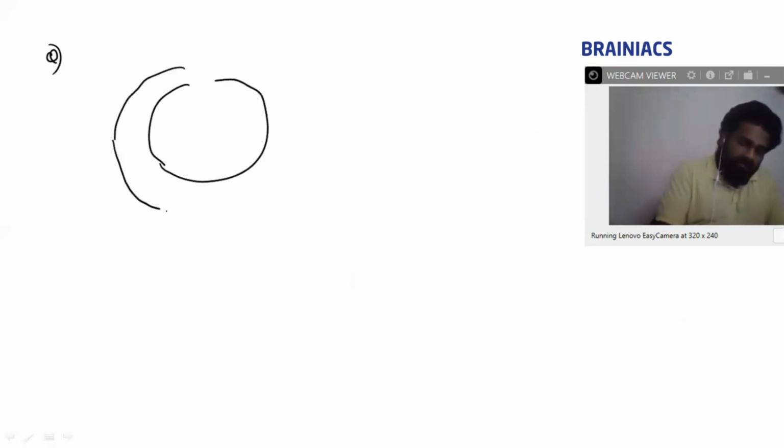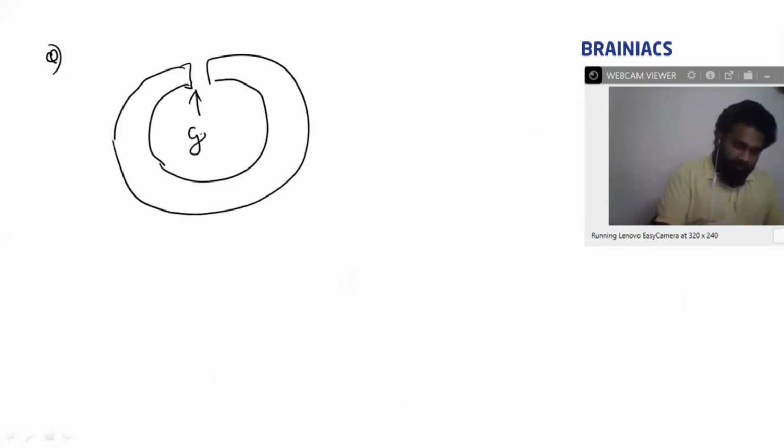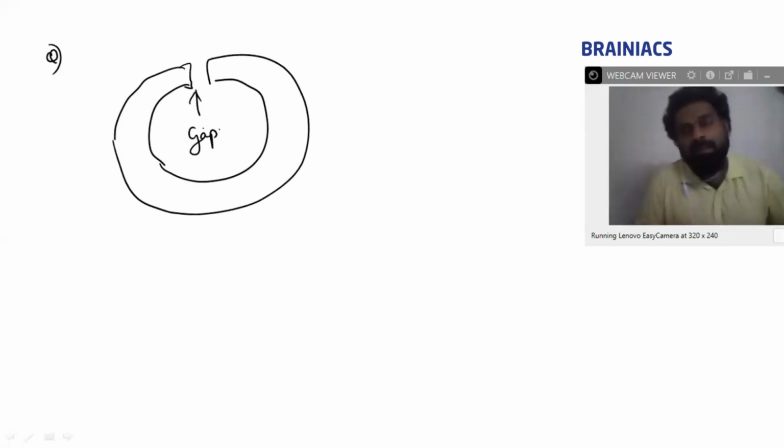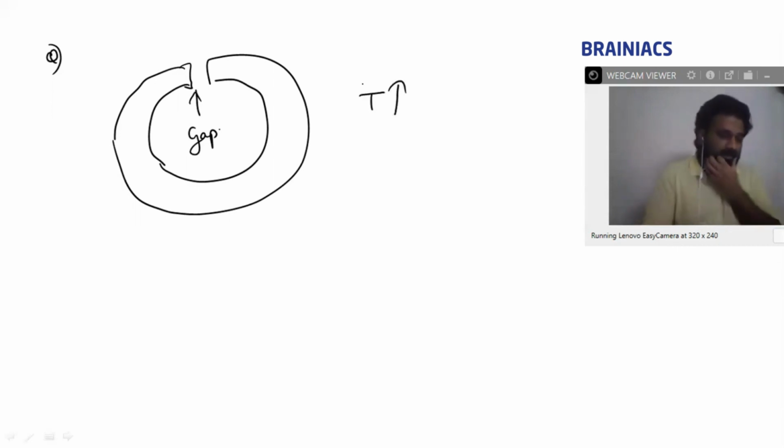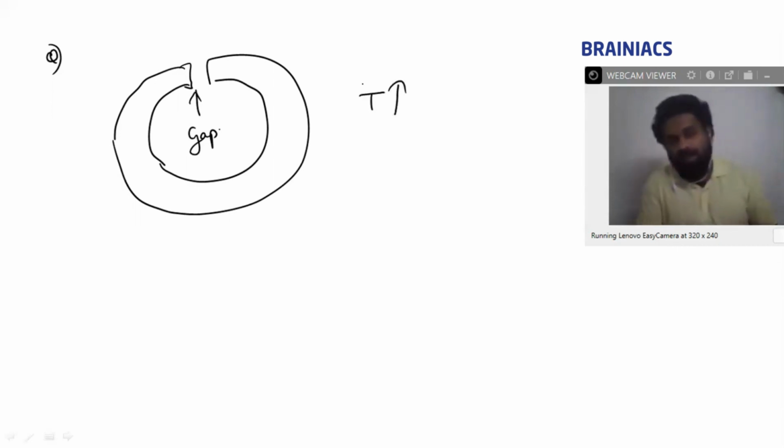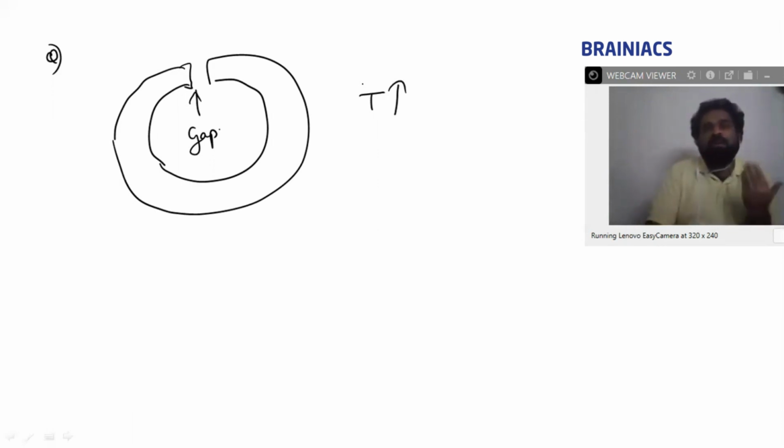Okay. So here, suppose there is something like this, a ring like this. There is a gap here. When we increase the temperature of this body, what will happen to the gap? The same case applies here.